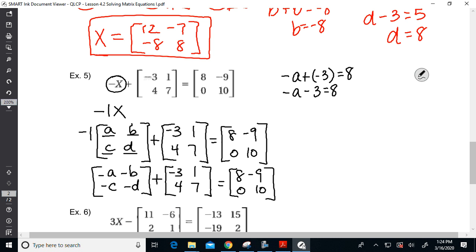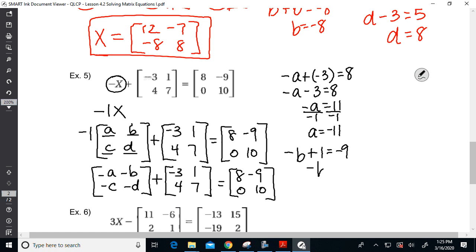Add 3 to both sides. Negative a equals 11. But remember, the variable can't stay negative, so you divide by negative 1. So a equals negative 11 would be that first number. Moving on, you have negative b plus 1 equals negative 9.